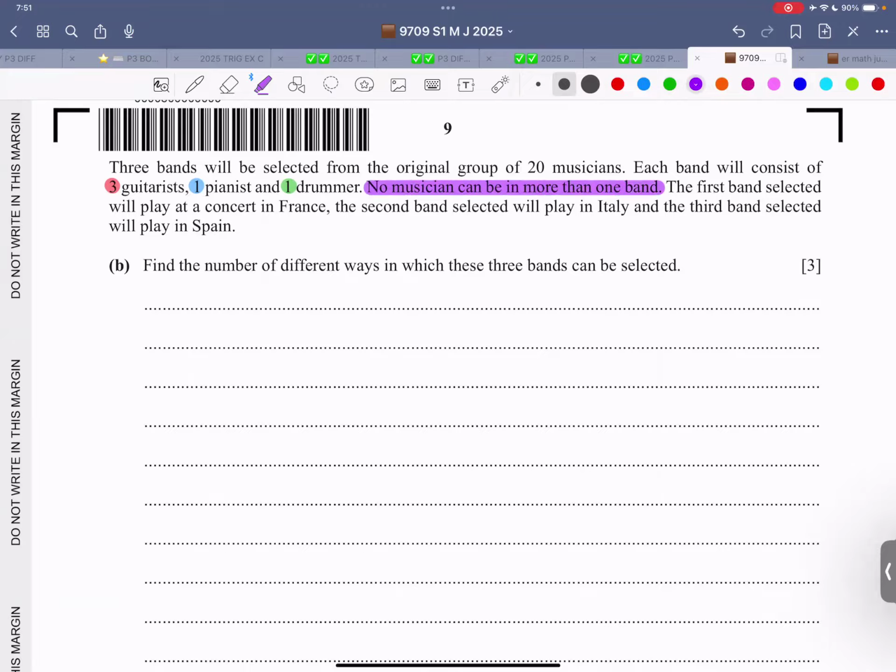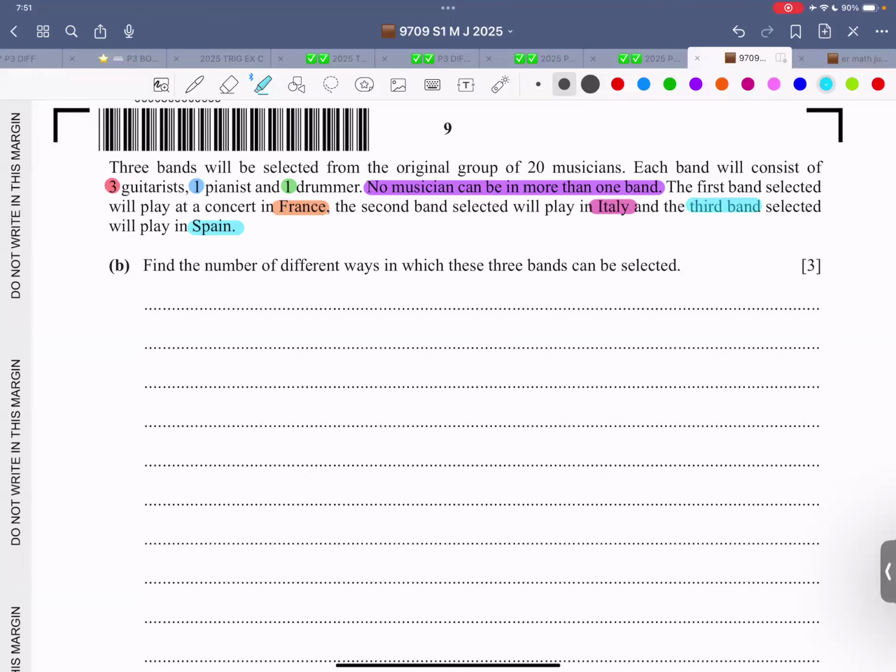Now, this is the first condition that makes this question difficult. The first band selected will play at a concert in France. The second band will play in Italy. The third band will play in Spain. So now the locations are fixed.